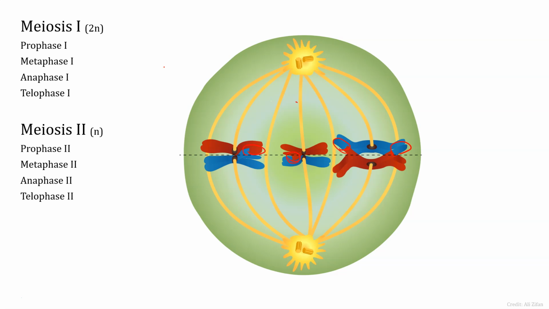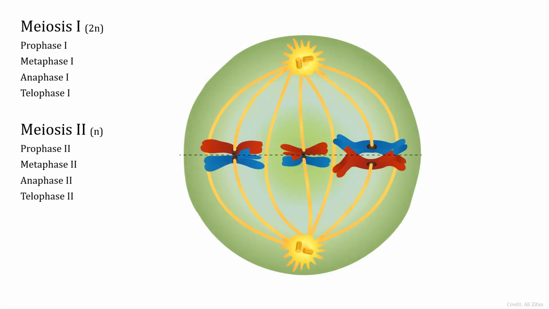Now, one of the things that is going to make this unique from mitosis, so again another star here because this is a unique feature, is that the homologous chromosomes line up side by side. So that doesn't happen in mitosis. If this was mitosis, all of the chromosomes would be in a single file. But that's not the case here. They're lined up side by side.